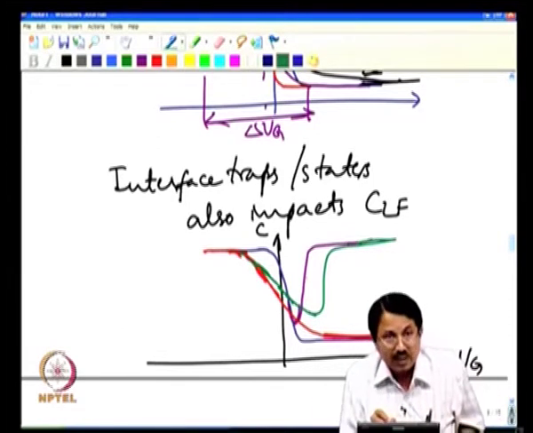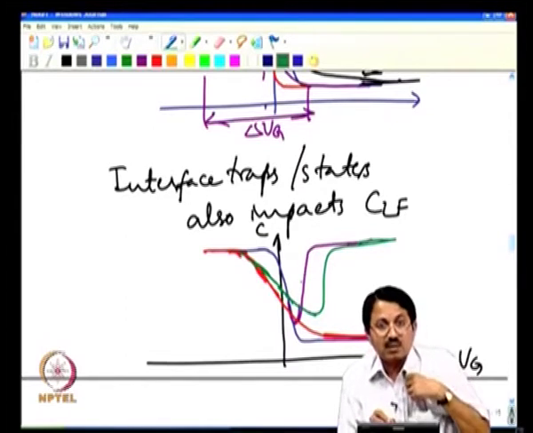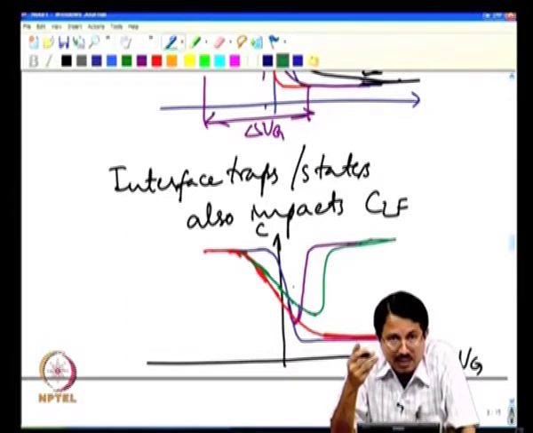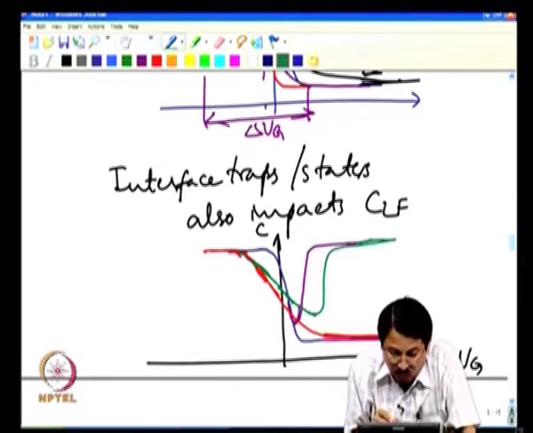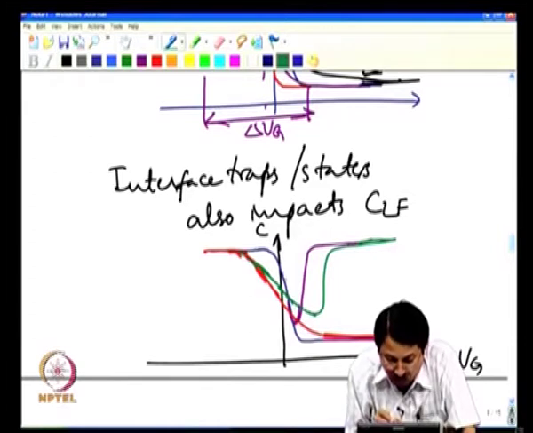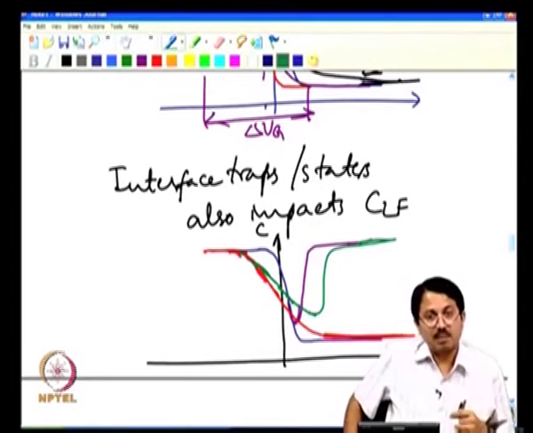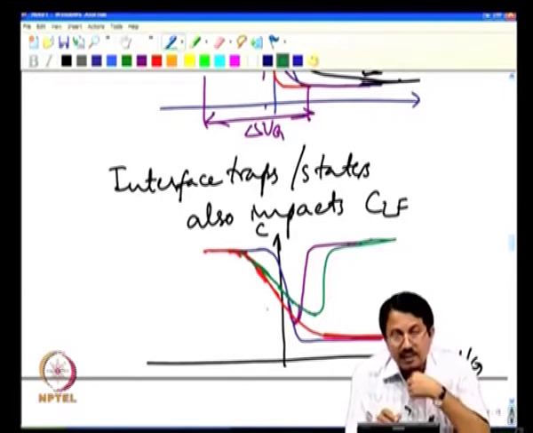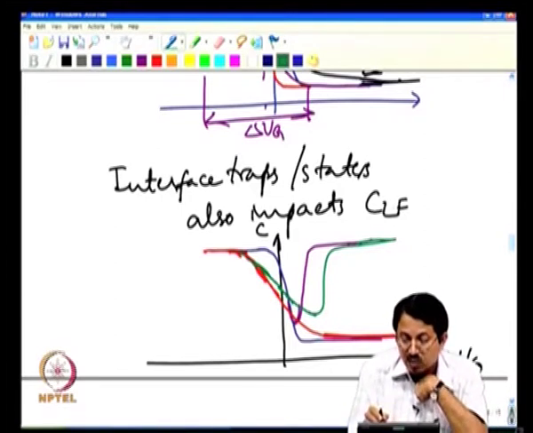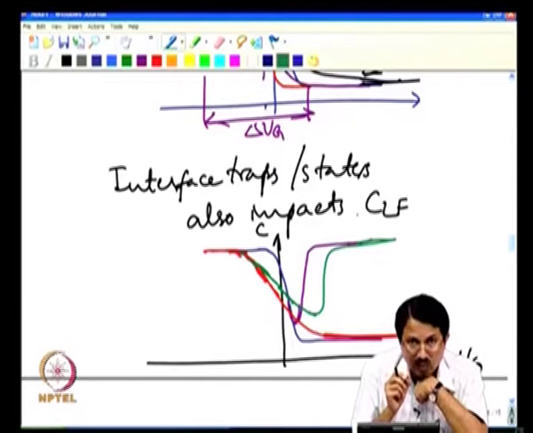But earlier, under ideal conditions, meaning no DIT, the low and high frequency curves not only superimposed on each other at accumulation, but also throughout depletion, and then they started departing. But here, even in depletion, the low frequency capacitance is higher than the high frequency capacitance, and this is essentially because the low frequency capacitance value is also increased because of trap capacitance.